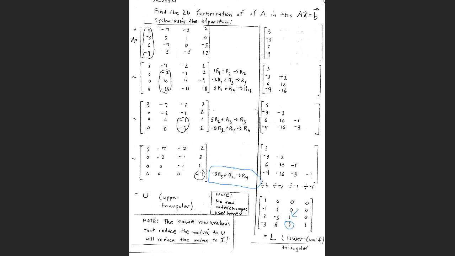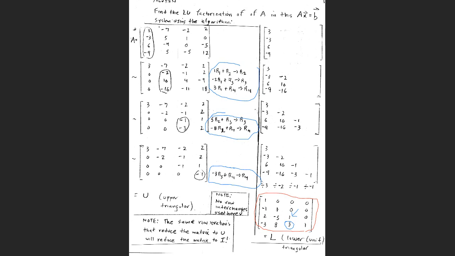So basically, if you were to do all of these row operations on this matrix L, those row operations would reduce the matrix L to the identity matrix.